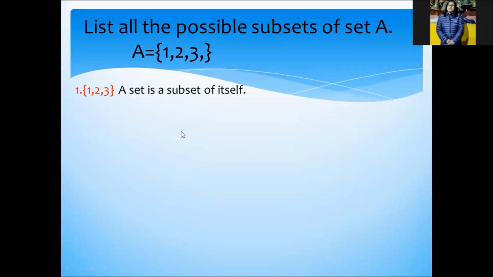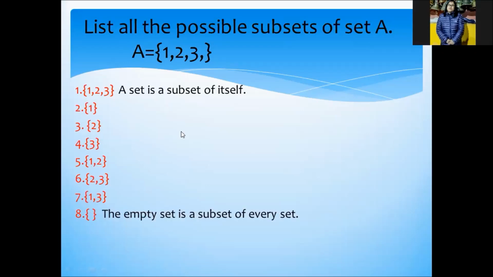Actually, 1, 2, 3 is set A, and itself you can also say is a subset. And at last the empty set. The empty set is a subset of every set.